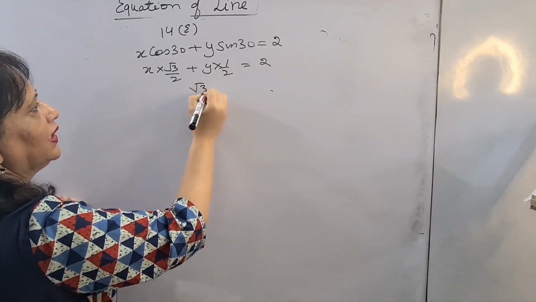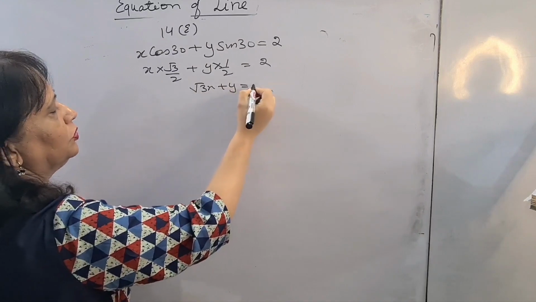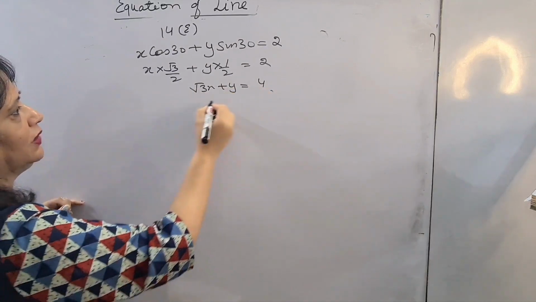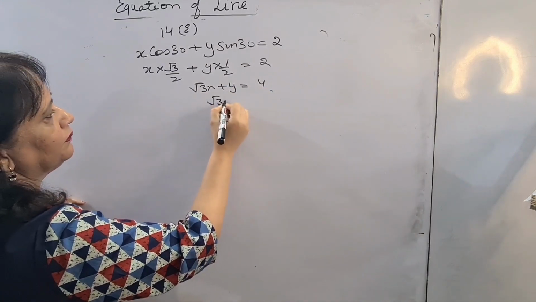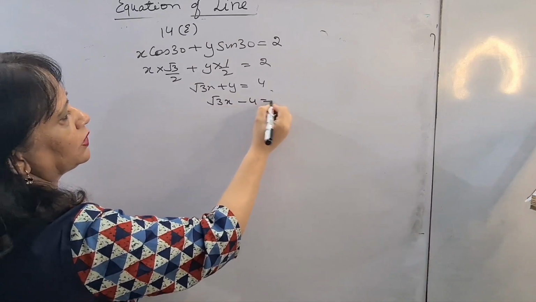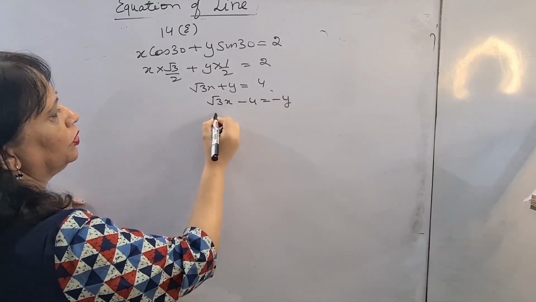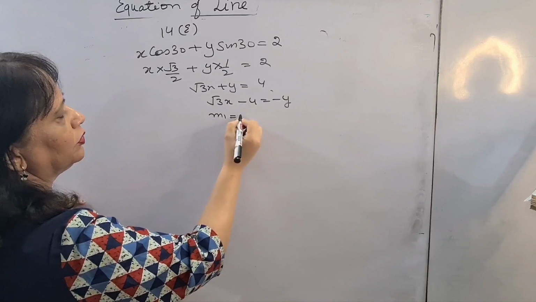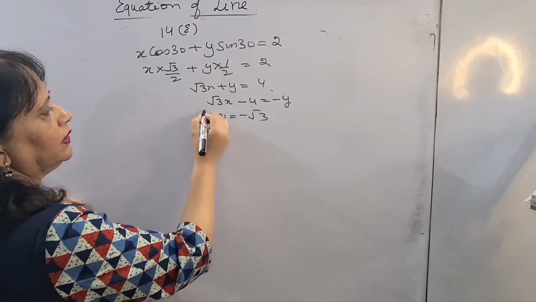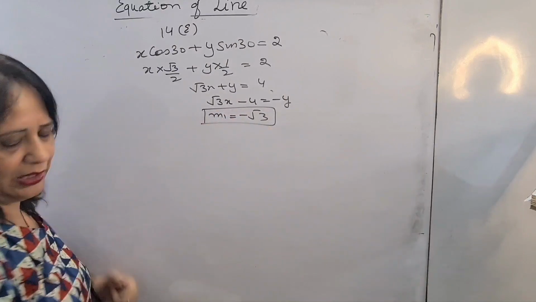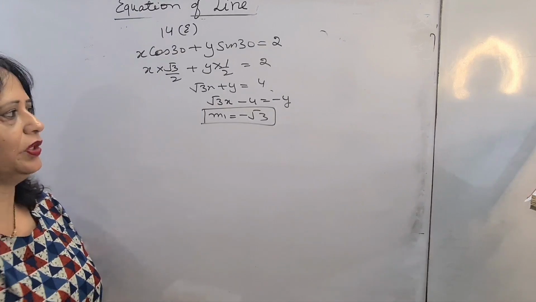So root 3x plus y is equal to 4 after taking LCM, or root 3x minus 4 is equal to minus y, and you know your m1 is equal to minus root 3.